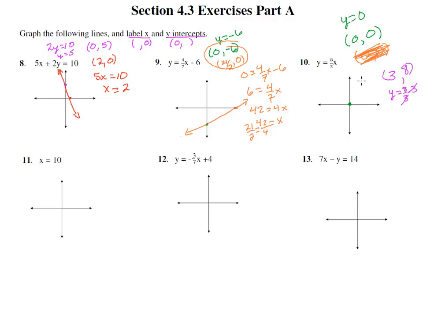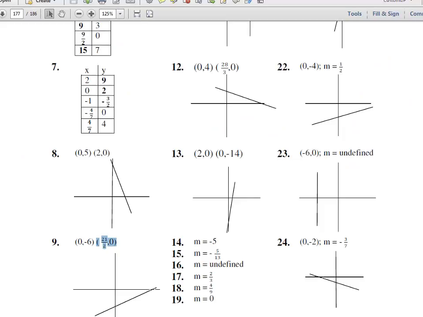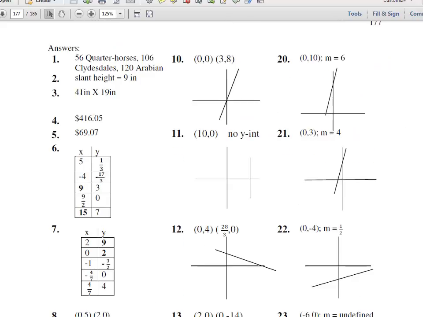So 3, 8. So we know the line goes something like that, but there is only one intercept down there. All right, let's check our answer. Number 10. Oh yeah, 0, 0 is the intercept. 3, 8 is not necessary. It's not an intercept, but it just helped us graph that other point so that we knew where the line was.